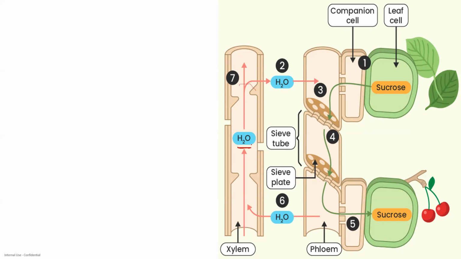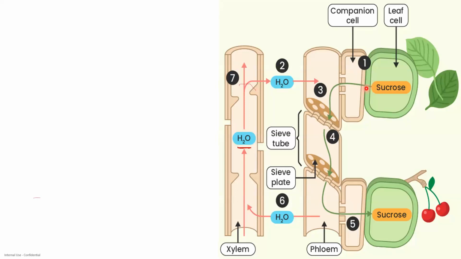See, it is numbered from 1 through 7 here. If you have understood the concept, you can tell what happens in each of these steps. What is happening in 1? See, in step number 1, you can see that sucrose is formed here in the source region.